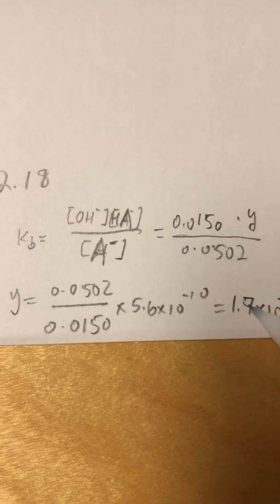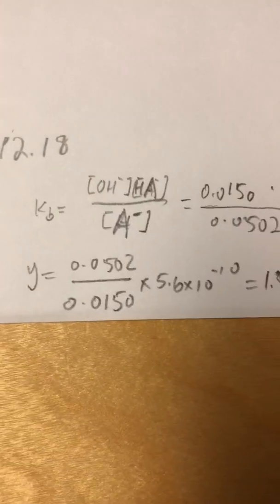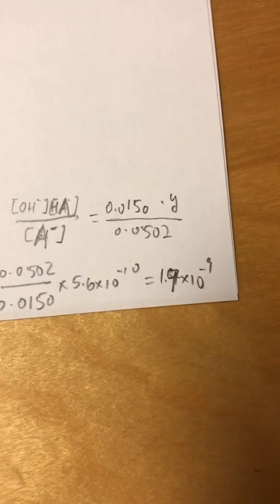And I got 1.7. It's close to 1.9. Let's change to 1.9 times 10 to the negative 9th power.